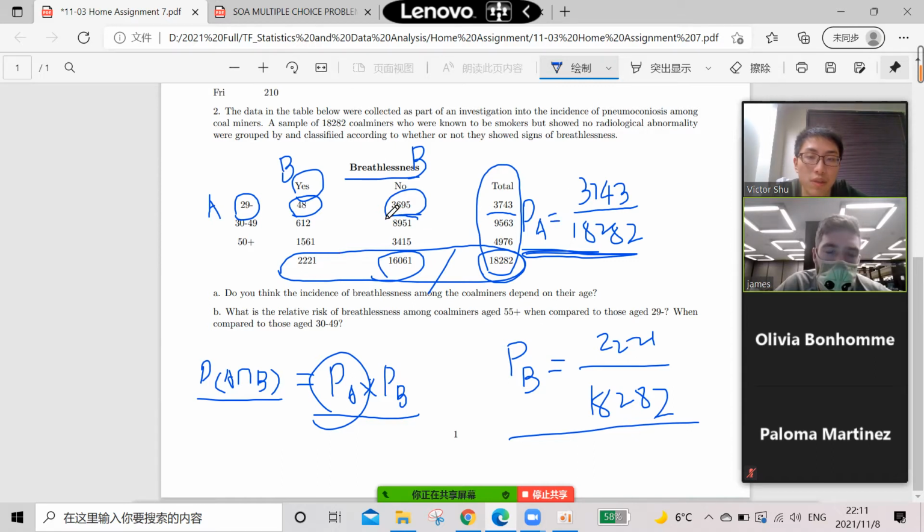So basically for the no number, this PA, the probability of having an age under 29, is unchanged, right? That makes sense. But the probability B here changes. In the first column, B is the event that I have breathlessness. I have this problem.